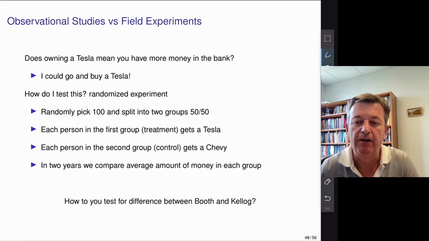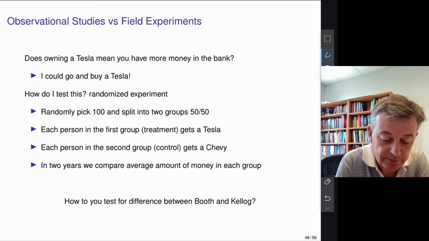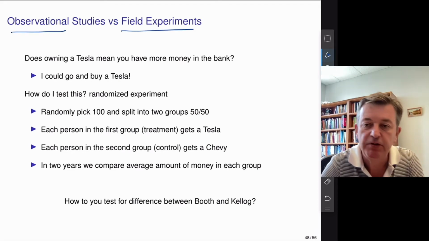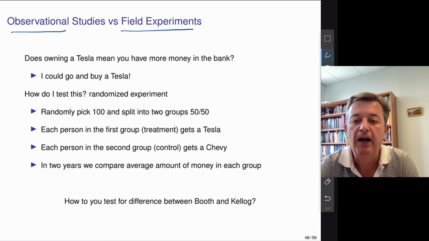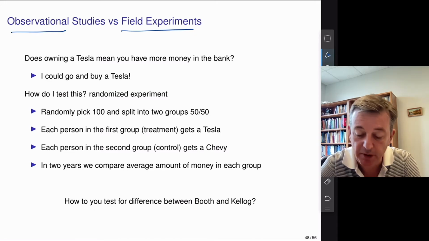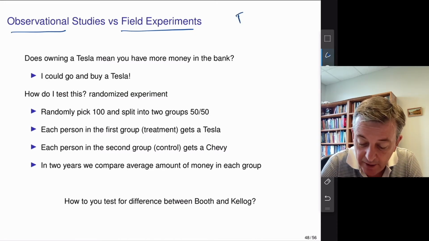Let me talk now about a very important topic: observational versus field studies. The reason this is so important is that lots of data comes to you as an observational study, not as a carefully designed field experiment. And this literature dates back to Fisher and his book Design of Experiments.